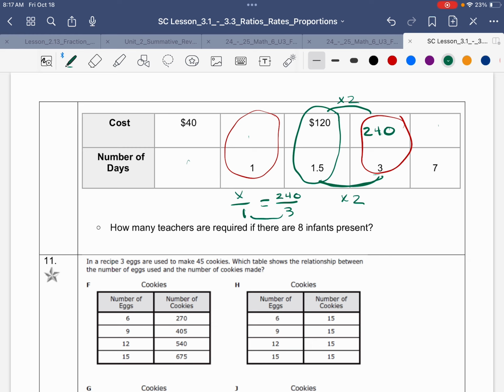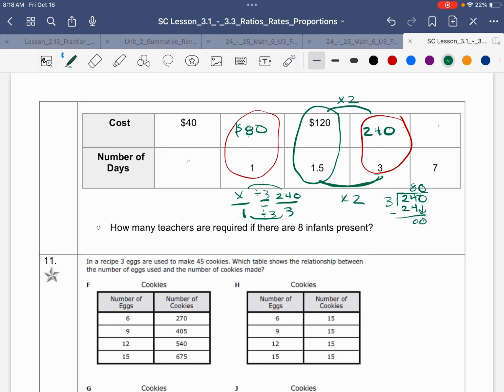So here to here is divided by 3, so here to here would be divided by 3. So let's do that over here. 240 divided by 3. Nothing with 3, but you can do 8 here. 8 times 3 is 24. 0. Bring your 0 down. 0, 0. So this is 80.